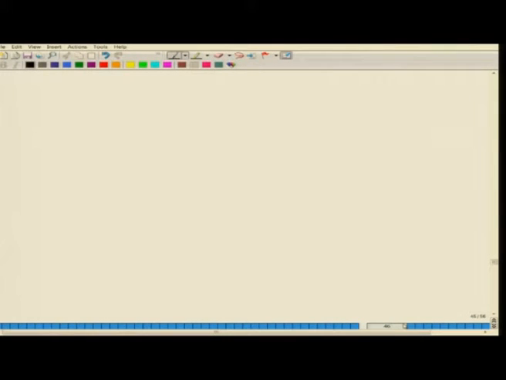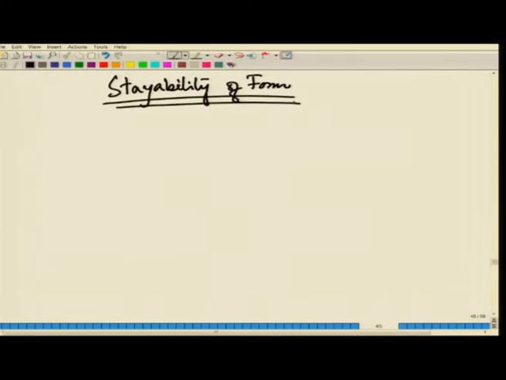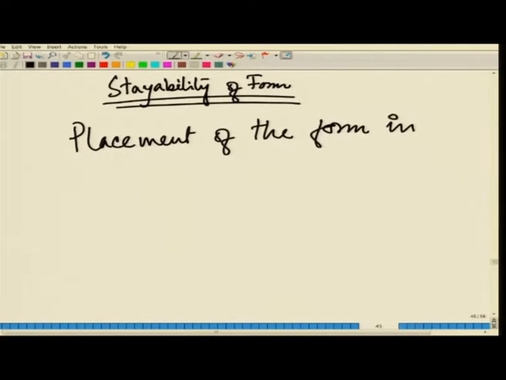So, the stability of a form is based on many other factors, like how we are placing the form in a composition.